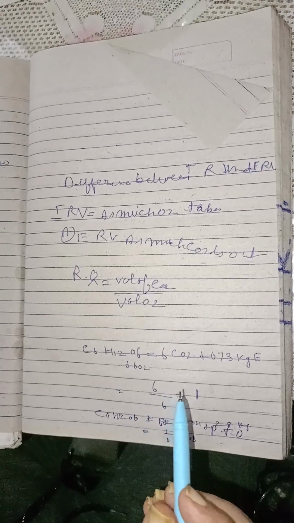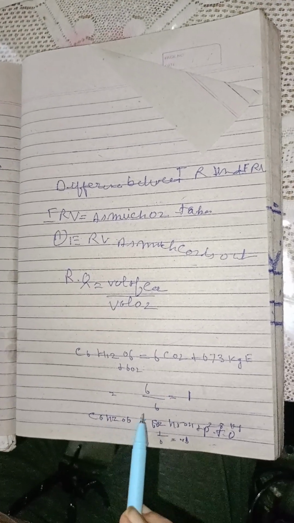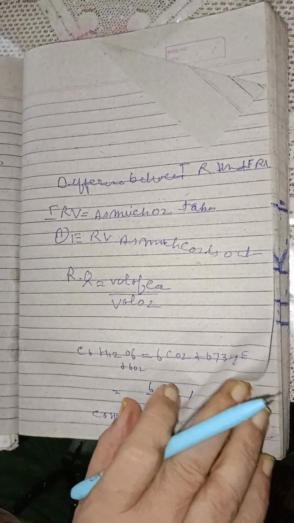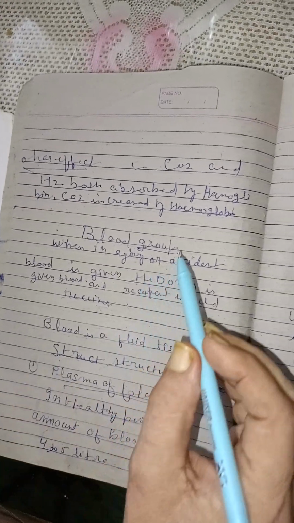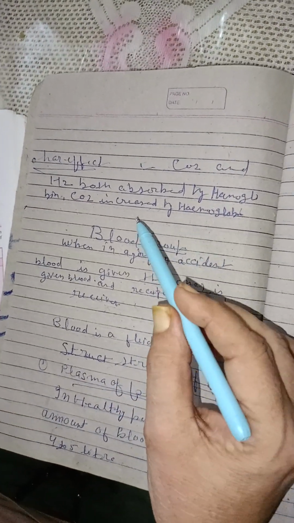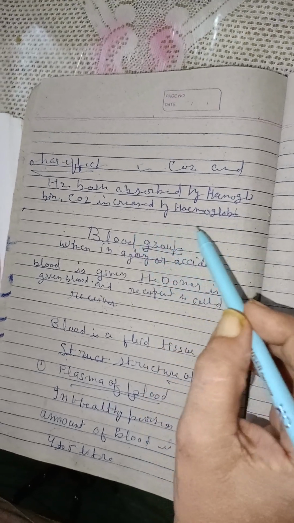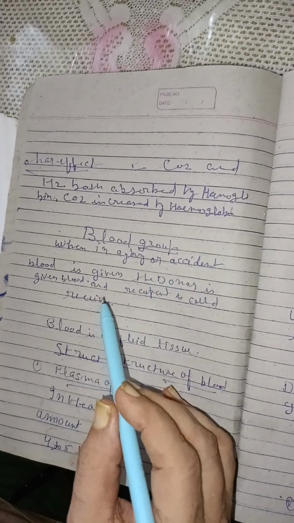In the case of carbohydrates, CO2 is released and O2 is taken in equally, so it is 1. Both are absorbed by hemoglobin.